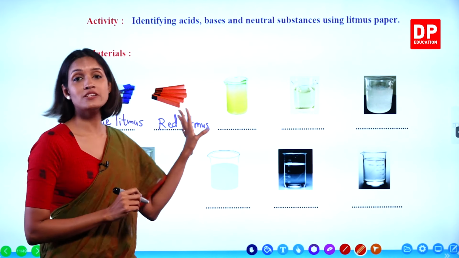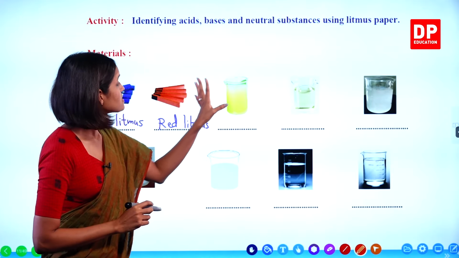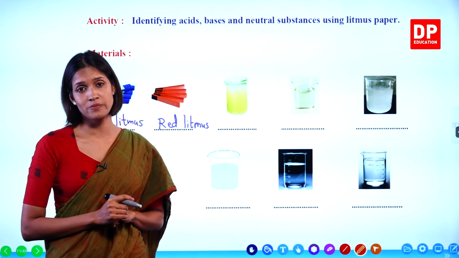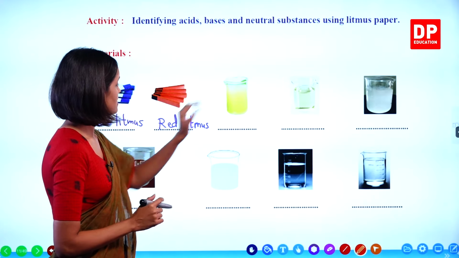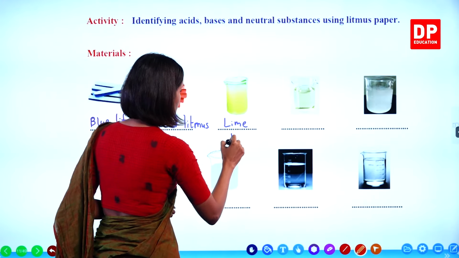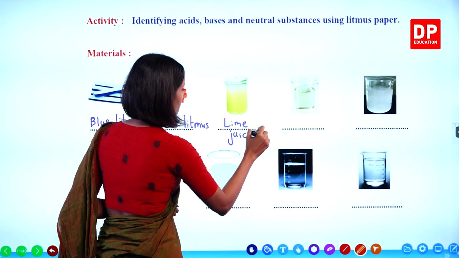And apart from blue litmus and red litmus, other substances we need are the same solutions we used in the first experiment, right? Look at this one, lime juice, we will write that, lime juice, vinegar.